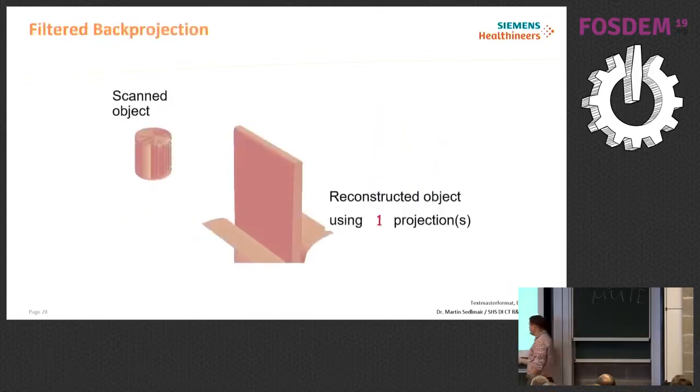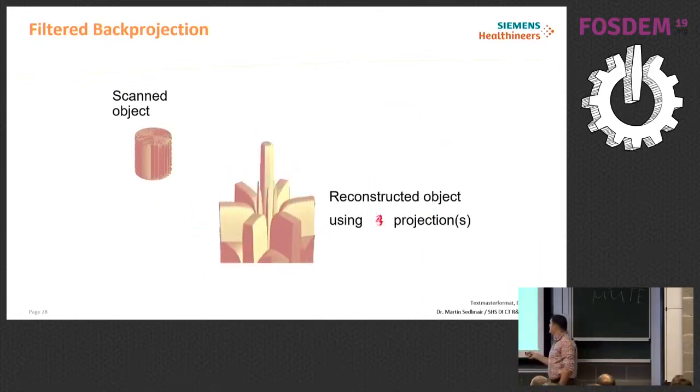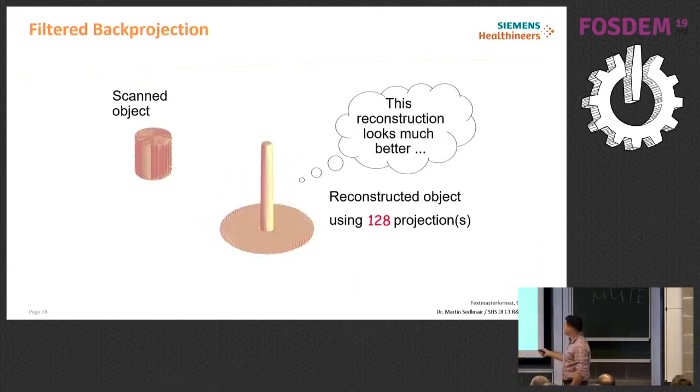And if you do this, then it should go for many projections. In the end, for 128 projections, for very primitive objects, it's pretty easy. But if you have very complex objects like a body, it's pretty complex, and 128 projections are not enough. We're talking about 4,000 projections for each angle.